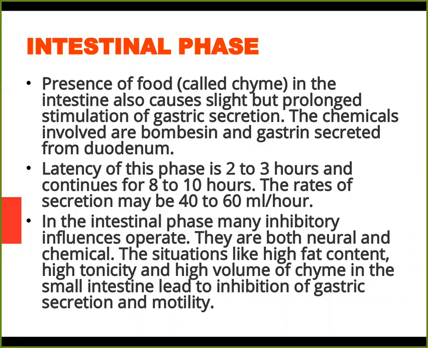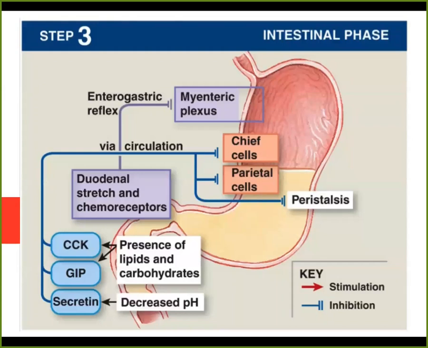And third is the intestinal phase of regulation of gastric juice secretion. It's negative regulation, and the role of this intestinal phase is decreasing gastric juice secretion when food comes from the stomach into the small intestine. In this case, we need to stop hydrochloric acid production to prevent damage to our stomach.